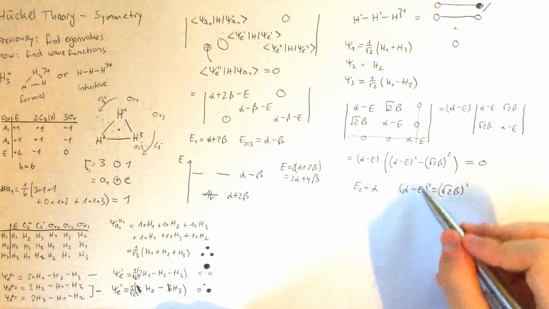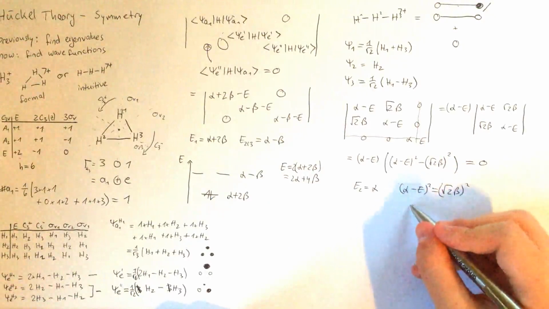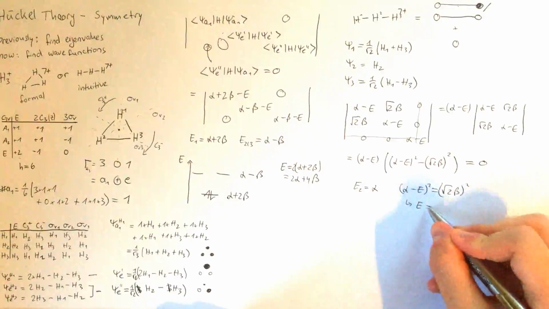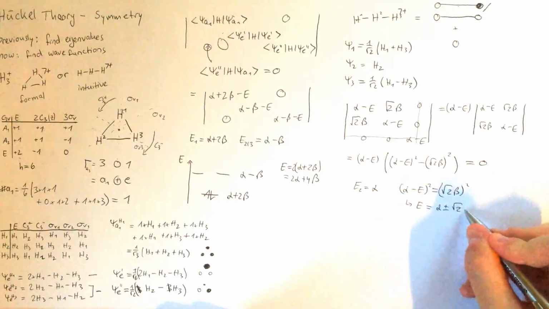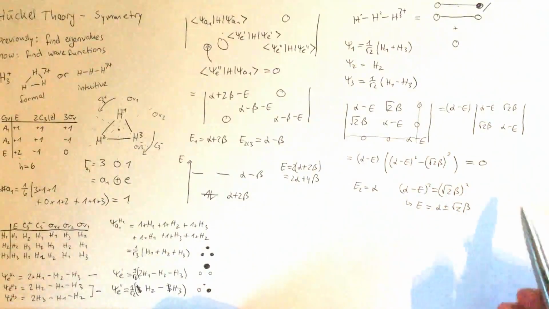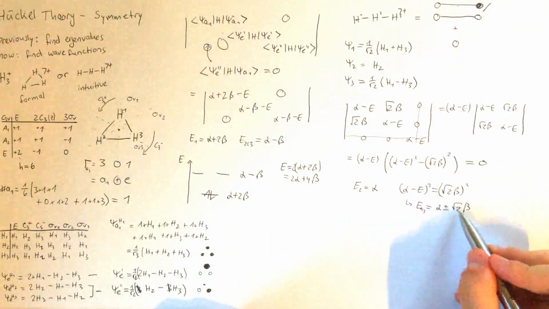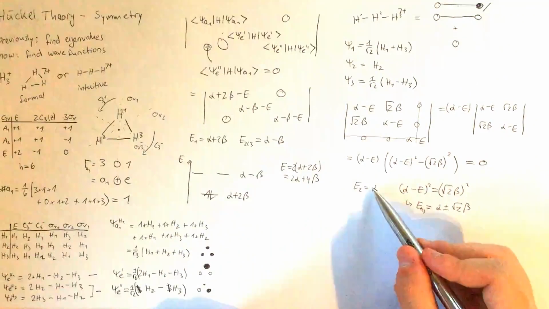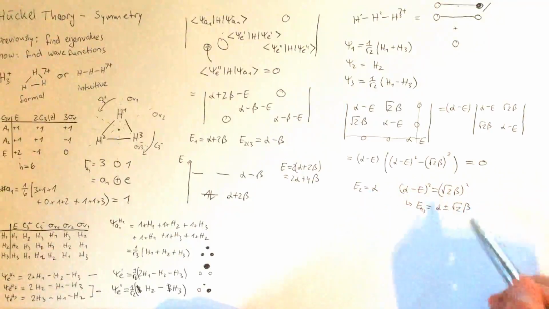We just take the root on both sides and solve for the energy, and we get E is alpha plus or minus root 2 beta. So now we found all three solutions. We found solution 1, which is alpha plus root 2 beta, solution 2, which is just alpha, and solution 3, which is alpha minus root 2 beta.